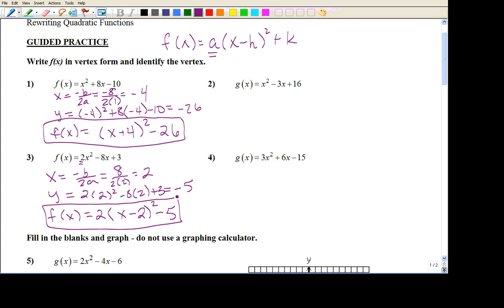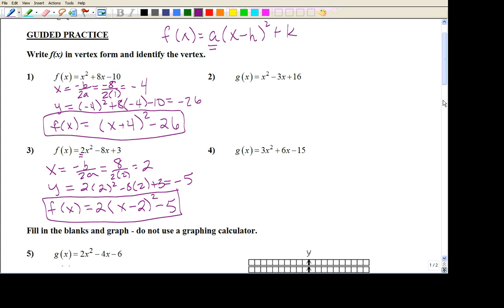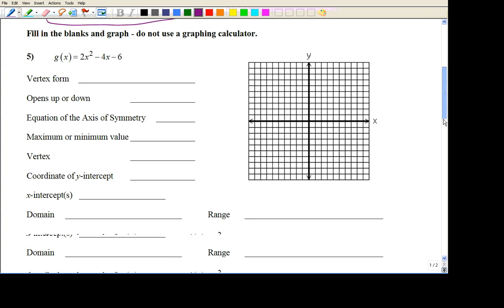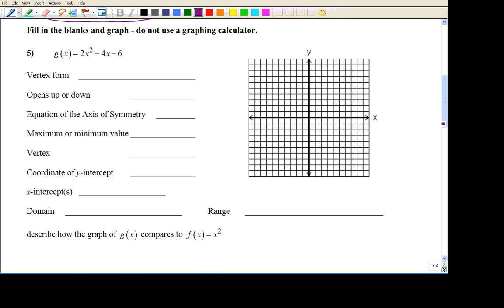Not so bad, right? Okay, so let's look at an example doing the whole process, including switching from standard to vertex form. So again, let's use a different color. If we have 2x squared minus 4x minus 6, and we want to put it into vertex form, we'll have x equals negative b over 2a.